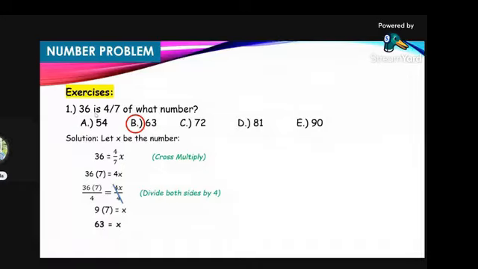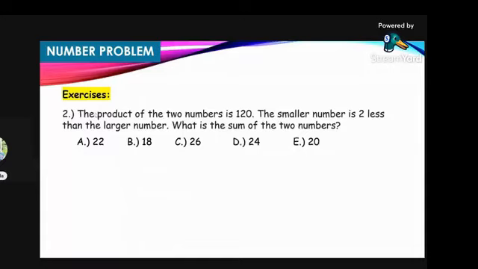Okay, for number 2, let's try guess and check, or trial and error. The product of the two numbers is 120. The smaller number is 2 less than the larger number. What is the sum of the two integers?